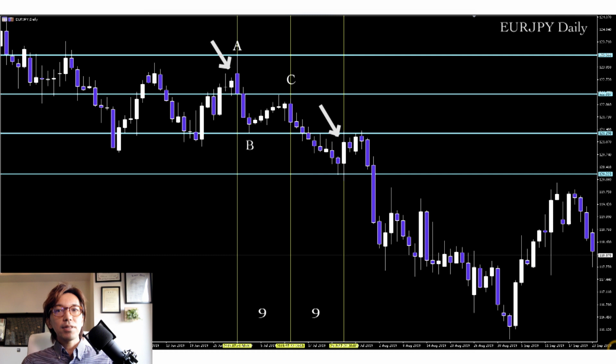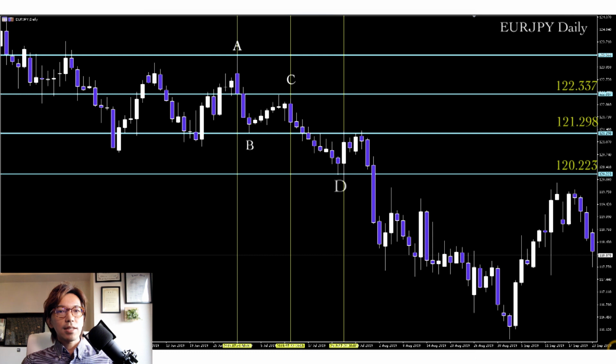And I put the yellow vertical lines on these highs and lows. The first half was bearish V wave, and the second half was I wave. Well, technically the closing price is up here, so technically it's also V wave, but if you look at the lowest price, it's I wave, right?